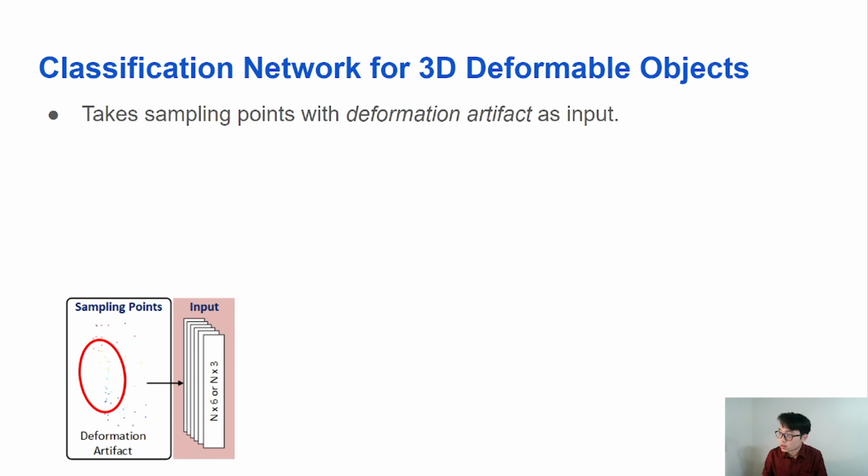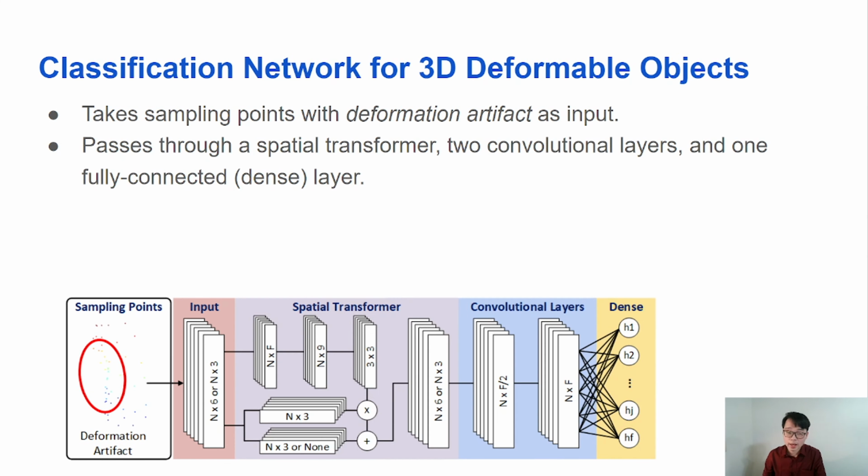Next, we create a network for deformable object classification. First, it takes in the sampling points with deformation artifacts as input, and passes the data through the spatial transformer, followed by 2 convolutional layers and 1 fully connected layer, as we can see in the figure down there.